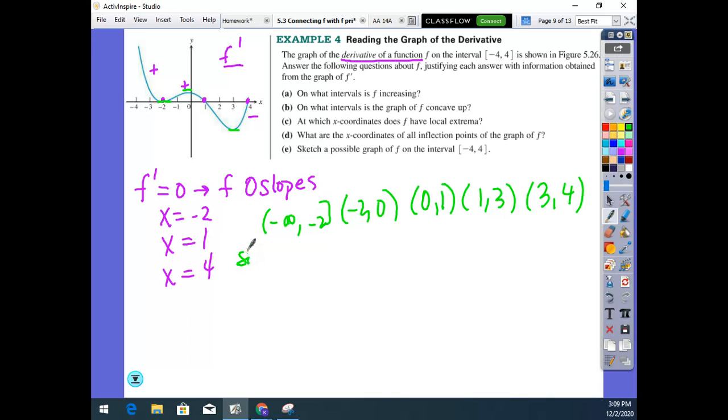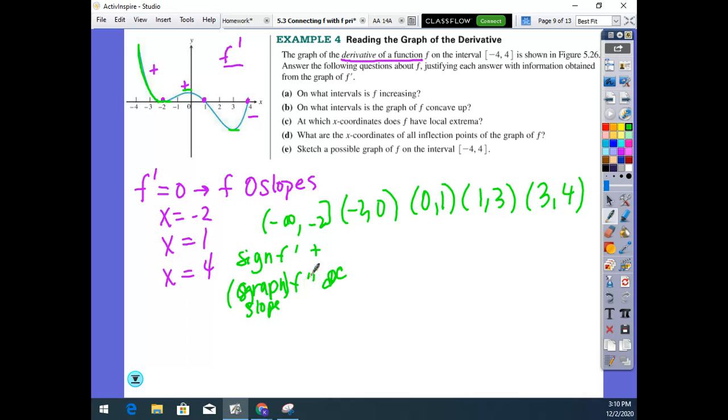Okay, so let's first talk about the sign of f prime, and we'll also talk about what the slope of the graph looks like for f double prime. We'll use the graph to tell us about the slope. All right, so if I look at this first interval up to negative 2, f prime is positive and it's decreasing.